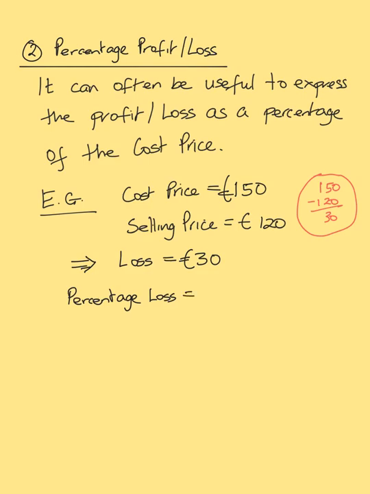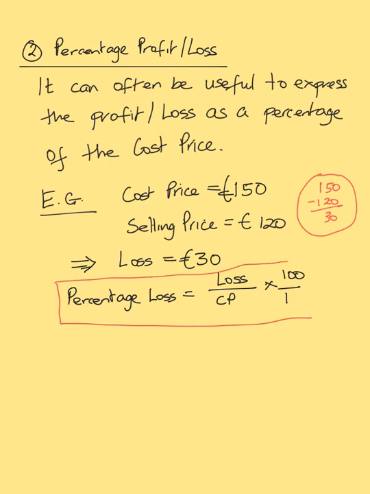In other words, we will look at the loss over the cost price, and then to make it into a percentage, we multiply it by 100/1. Now that's a very important formula. We write it down every time we use it. So have a look at it. Percentage profit or loss would be the profit or the loss over the cost price multiplied by 100/1.